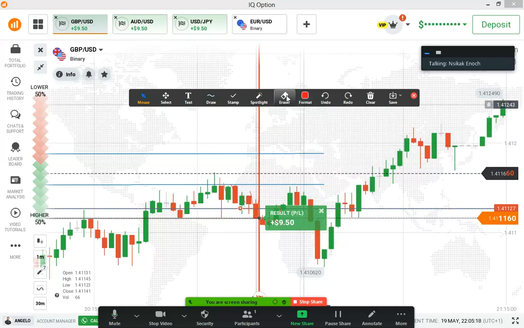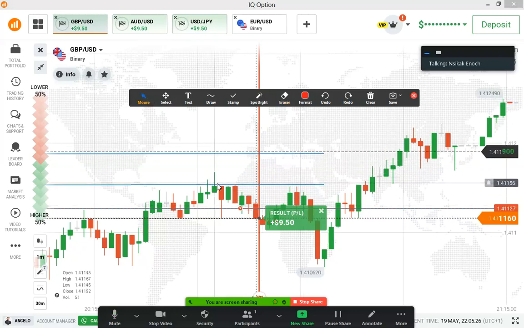So make use of 5 to 10 minutes. Using 2 minutes at times is not safe in case of a pullback. Let's say you enter the trade here with 2 minutes. If this one is 1 minute and the second one is 2 minutes, you see the market will still pull back and you will lose the trade. So don't use 2 minutes.